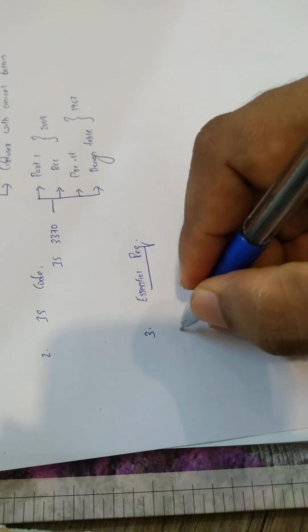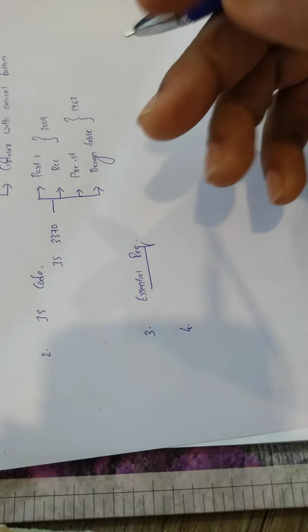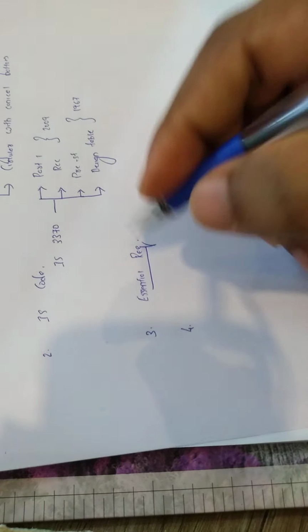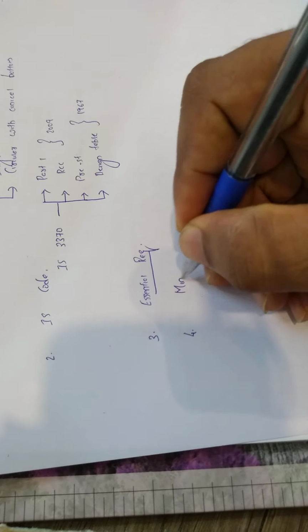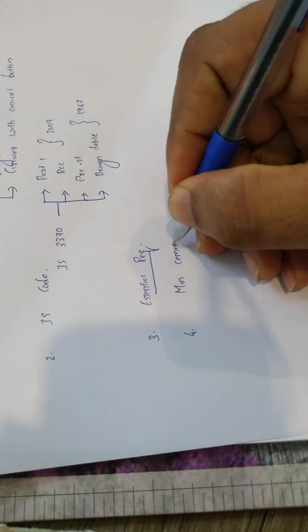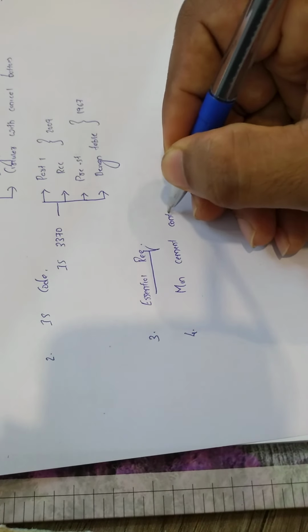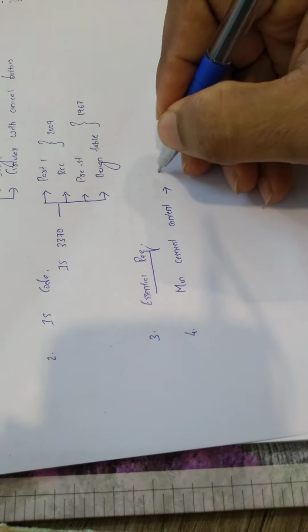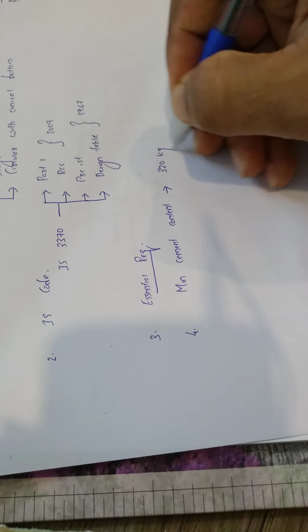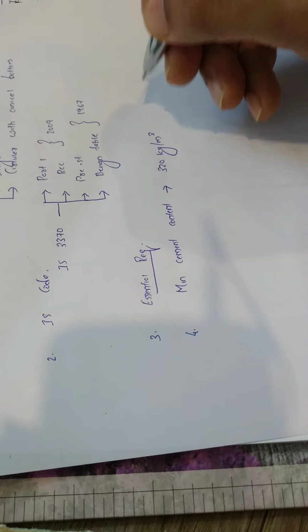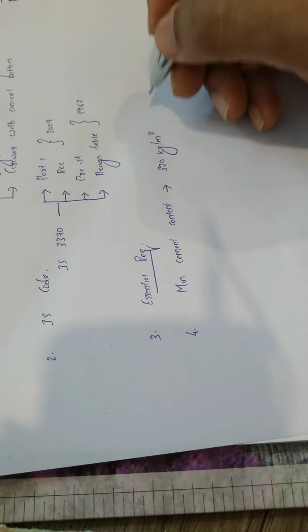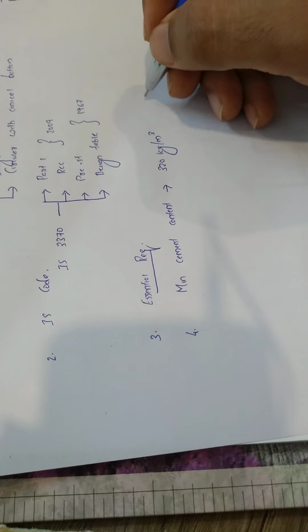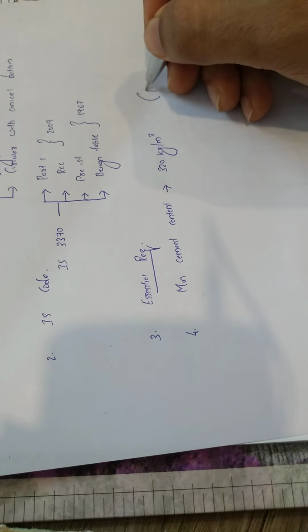The next one is about the cement content. The minimum cement content is given as 320 kilogram per meter cube of concrete as per IS 3370 part 1. This is part 1.